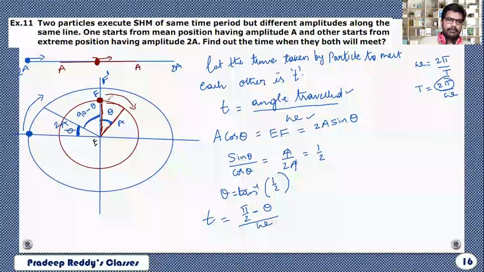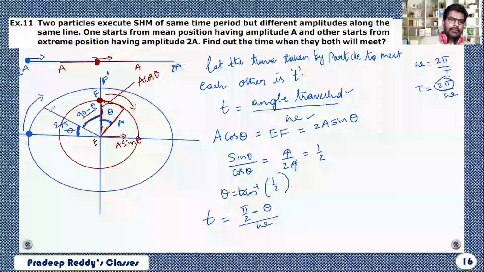If I take this triangle, this component becomes a cos theta and this component becomes a sin theta. And this angle will obviously be 90 minus theta.